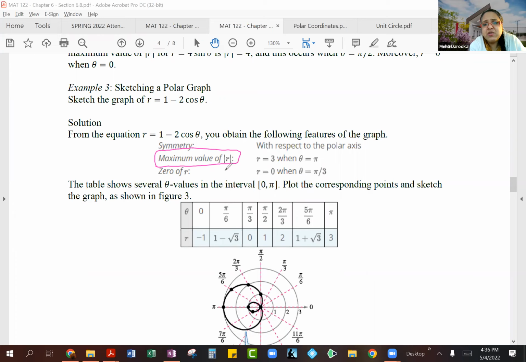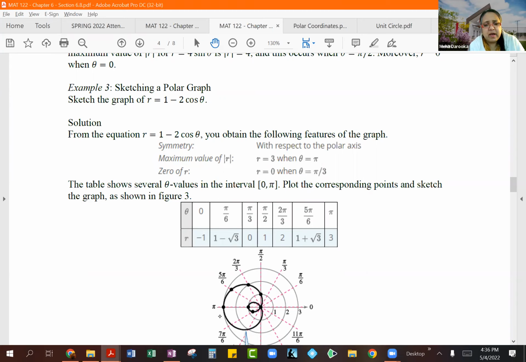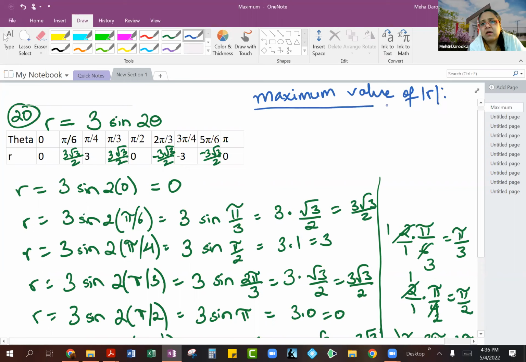So you can actually look at where you have +3 and where you have -3. So always think about this in terms of an absolute value. So for us, the maximum absolute value of R will be + or -3.